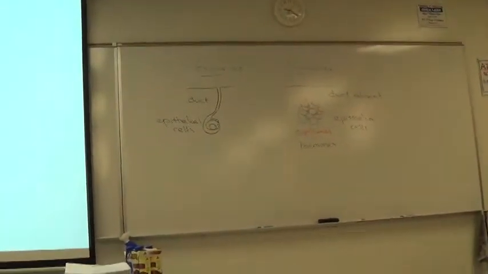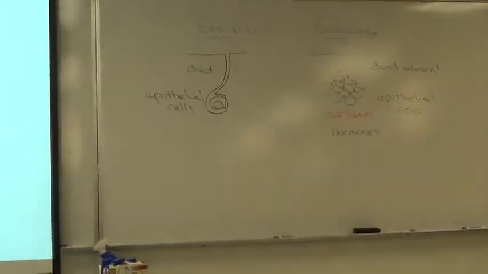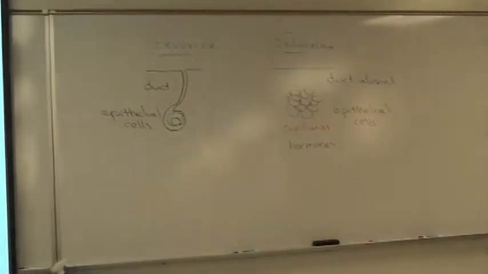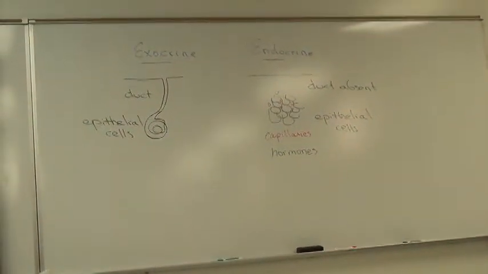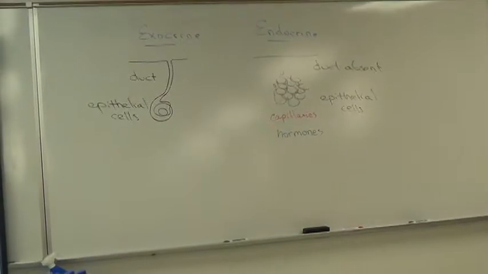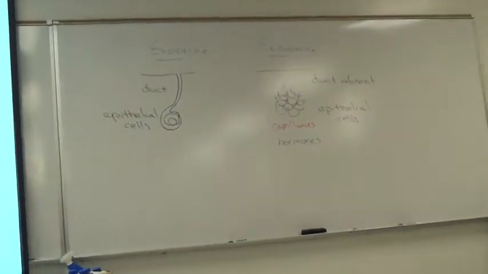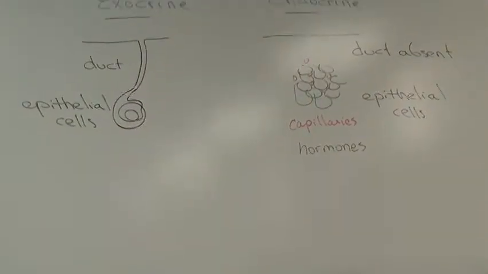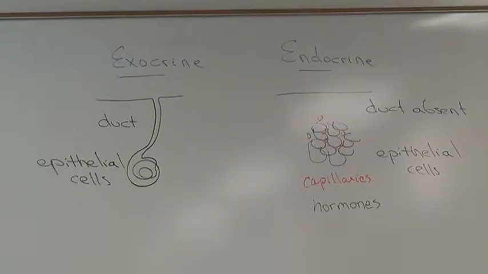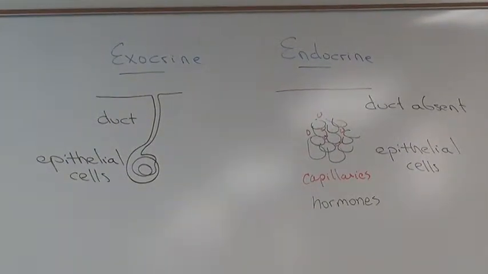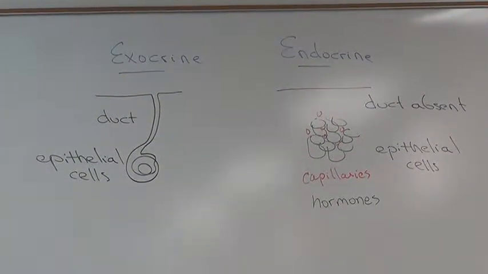So they have this wide distribution. Something that's secreted by the thyroid gland going into the blood is going to go to the brain. It's going to go to your little toe. It's going to go back to the thyroid gland, but it may not have an effect. Thyroxine has quite a wide variety of tissues that it binds to. But maybe we're talking about luteinizing hormone, LH, or follicle stimulating hormone, FSH.